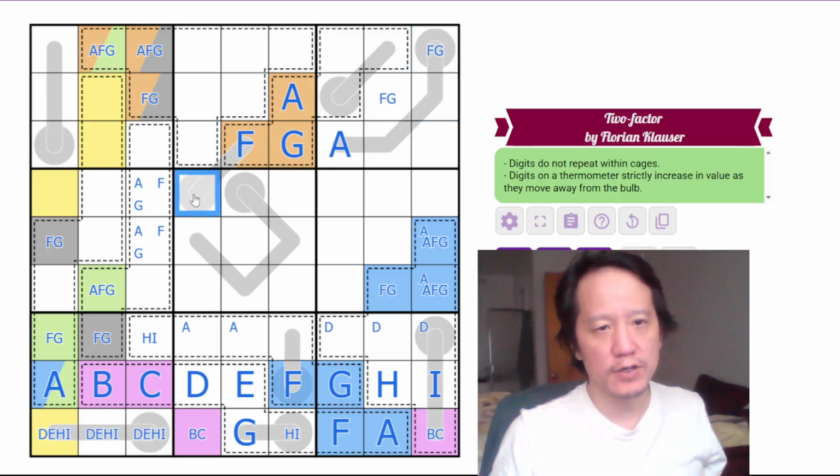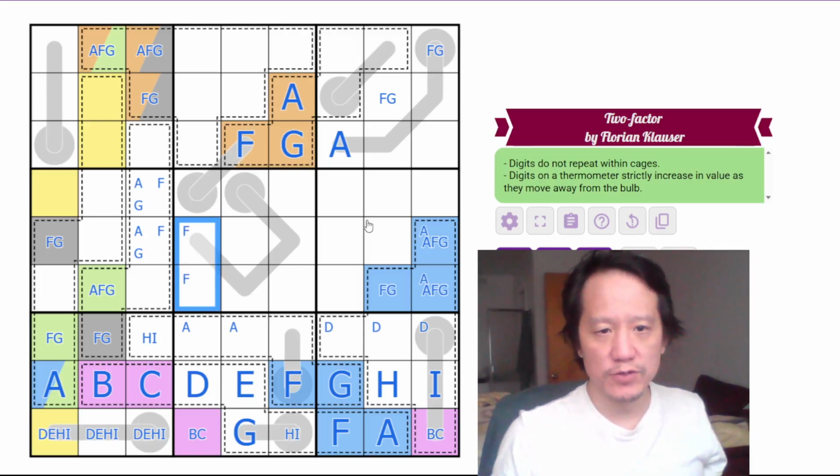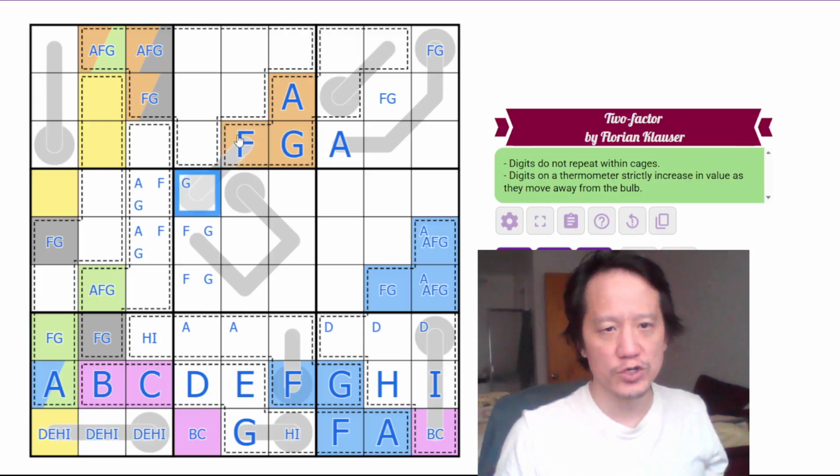F cannot be here. F has to be one of these two. Aha. Okay. So in box 5, we're looking for where the F can be. F can't be here because of F in the column and the row. Also, G has to be one of these 3 too. But F cannot be here because this is strictly less than this digit. So F has to be one of these two.